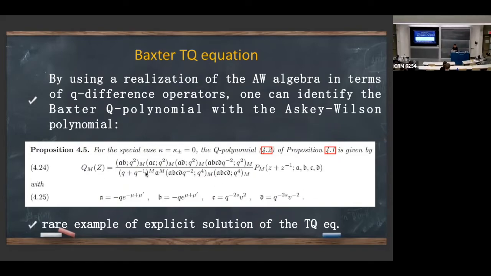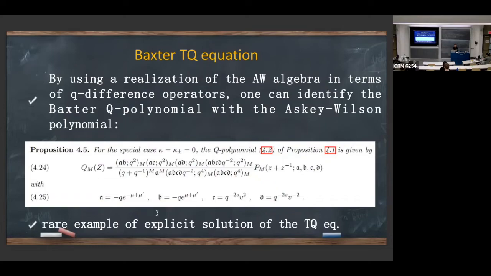So for someone that works with integrable systems, this is a source of happiness, because it's usually very hard to solve Bethe equations, but when you have such a polynomial, then it's easy. You just have to find the roots of this polynomial and you get your Bethe roots. Okay, and so this is a very rare example of an explicit solution of the Baxter TQ equation.